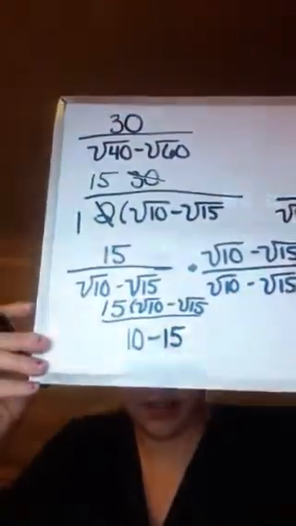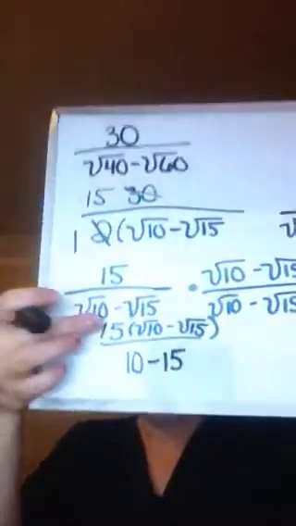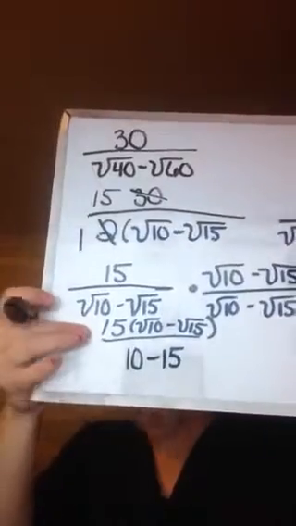Our new top is going to be the number we had, 15, times the square root of 10 minus the square root of 15. So we now have this, which looks so much simpler, right?